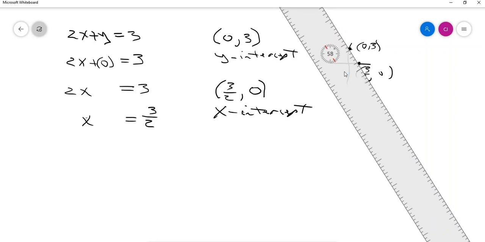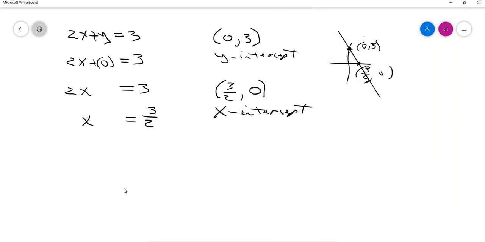Let's draw a line right through those. And so we have 2 points, we can draw the straight line. And you notice this is a negative slope, right?